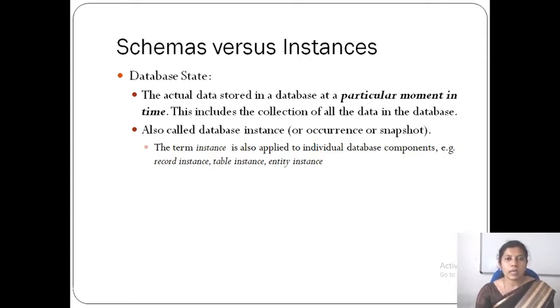Record instance means how many records there are, table instance means how many tables I have at a moment, and entity instance means how many different objects I have. Entity refers to the objects here.